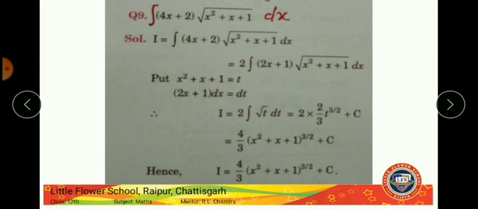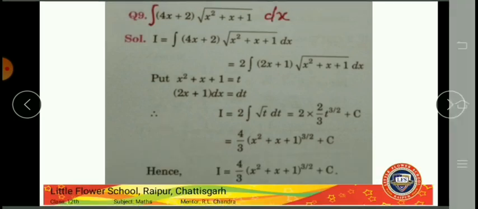Here substitute the value in this equation. I is equal to 2. See that (2x plus 1) dx is equal to dt. Remaining part is root t.